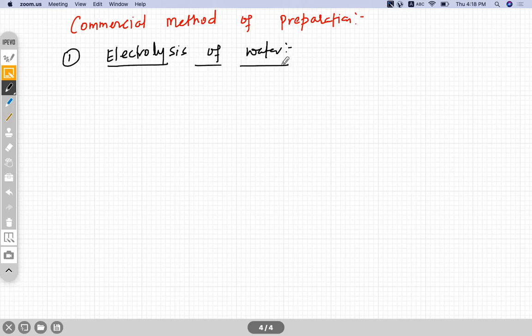So in electrolysis, what happens? Let me draw the diagram first and then we'll explain.